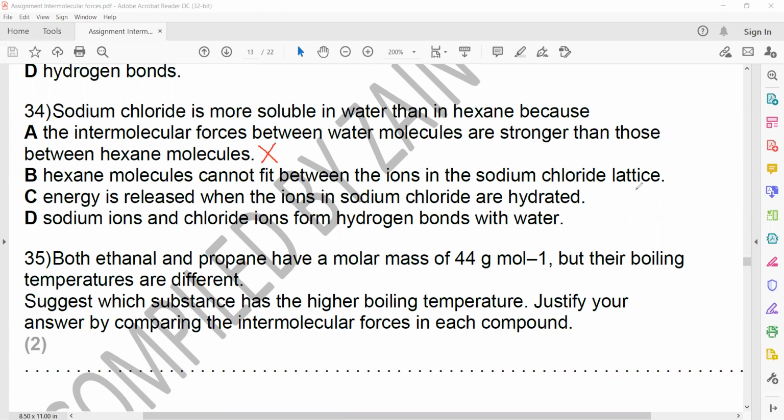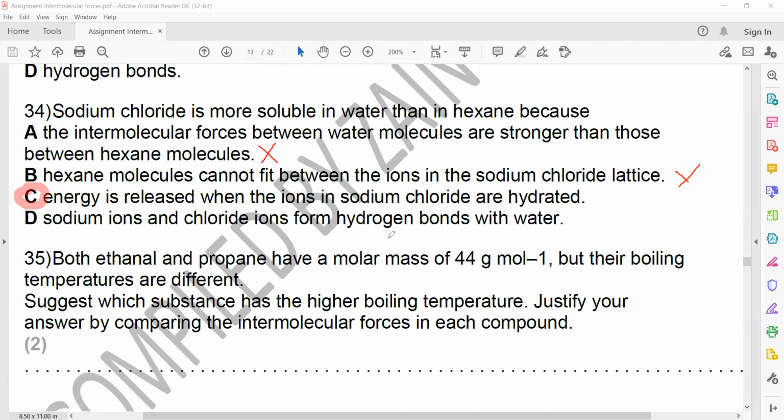Hexane molecules cannot fit, that's also not the reason. But what happens is the hydration energy is released when the water molecules surround the sodium ion and chloride ion, and that energy causes the ions in the lattice to separate from each other. So C is the right answer.